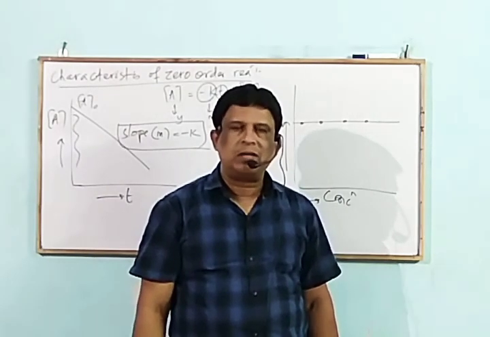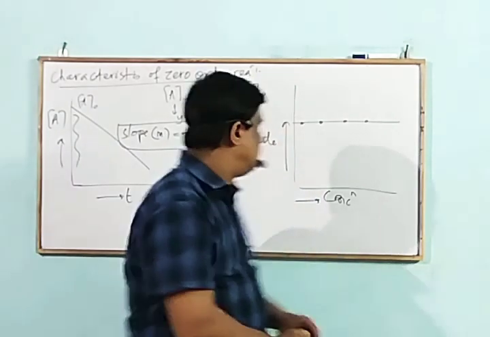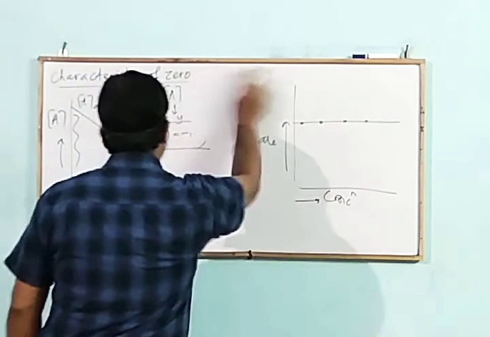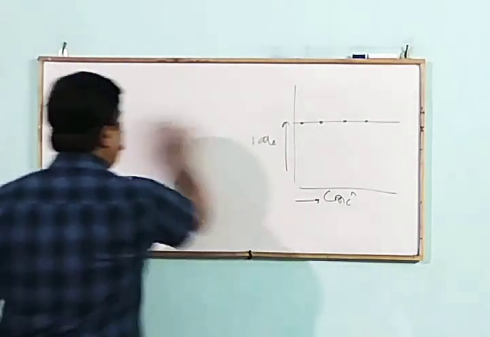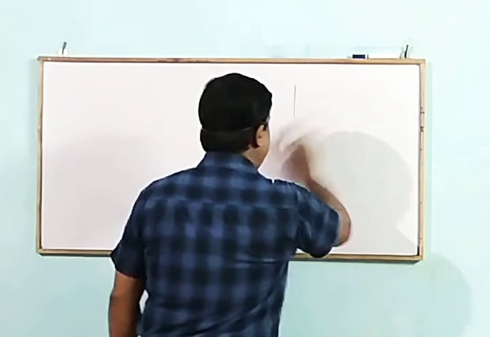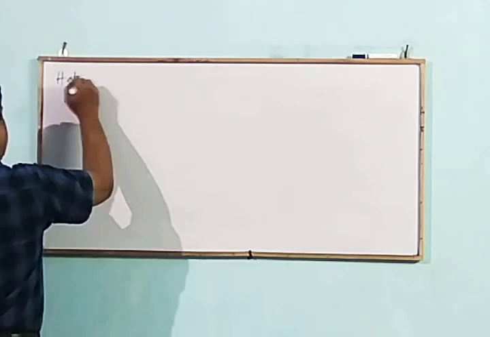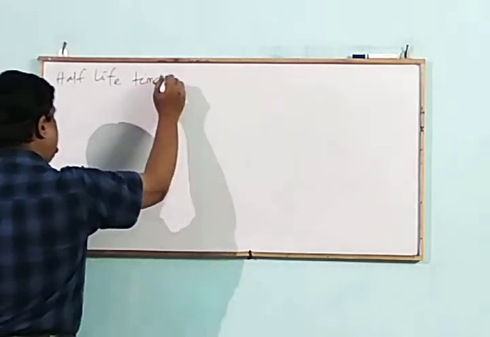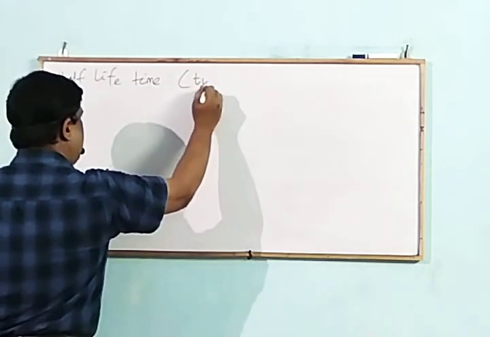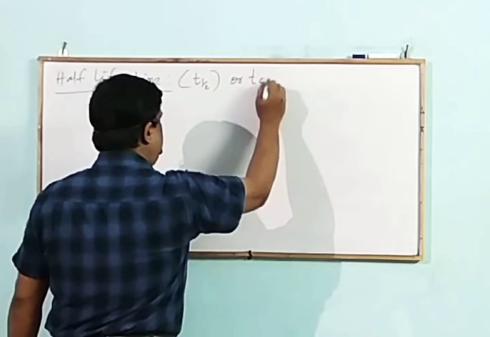Next we discuss the half-life period, or half-life time, for a zero order reaction. The symbol is T1 by 2, T half or T 50%.